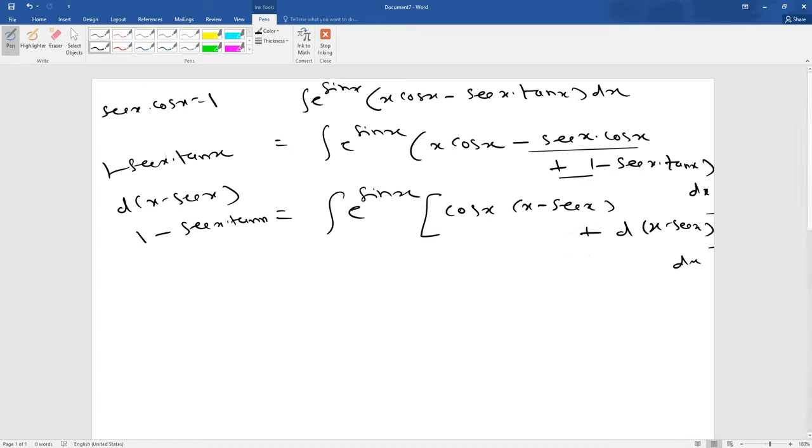Yes, this is a different kind of example, but not a hard one. Now look at the derivative of e raised to sin x. What is the derivative of e raised to sin x?